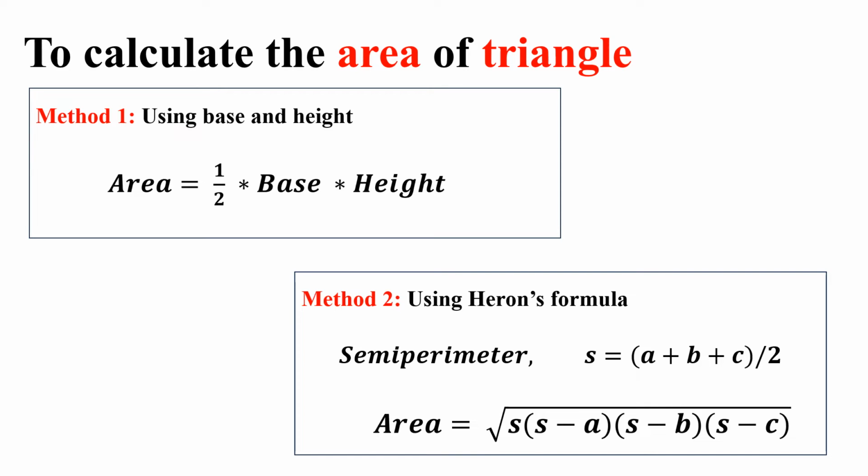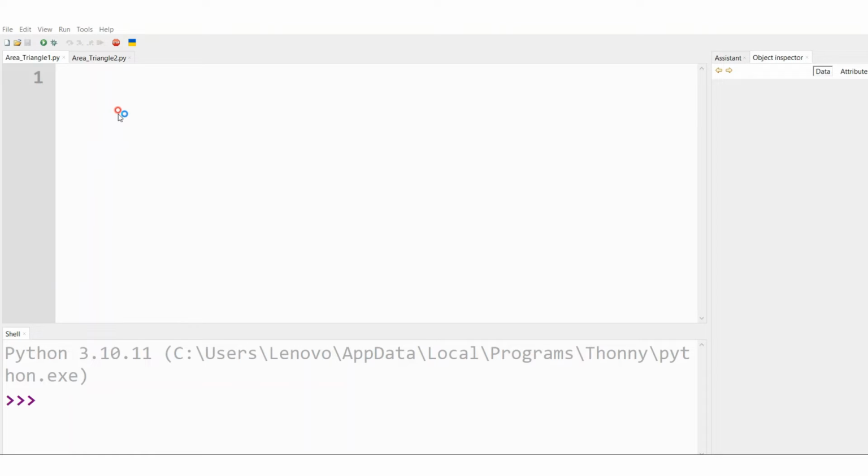Next we shall consider a Python code to calculate the area of a triangle using both the methods. Using method 1, let me first calculate the area of a triangle, wherein base and height will be given.